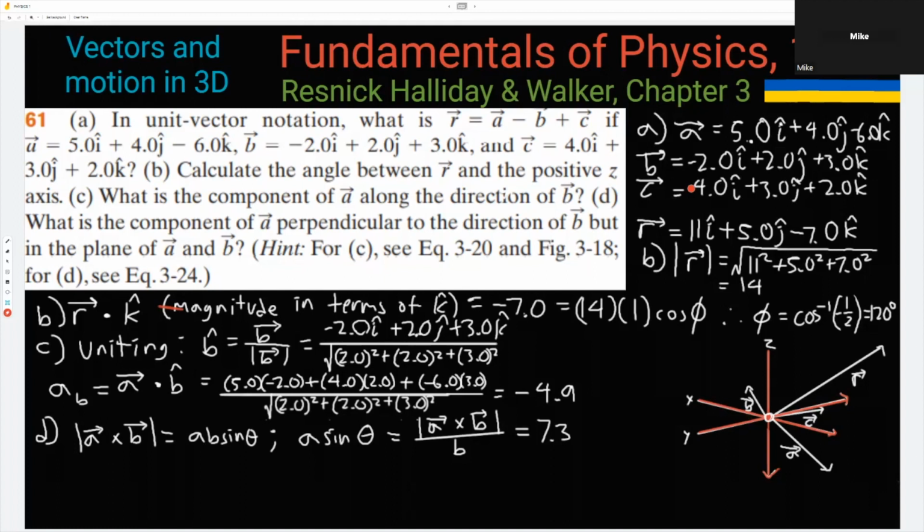So yung component of A in the direction of B. Opo. Tanong 'yon. Kasi hindi siya nandito. Ibang tanong 'yan. So what component of A parallel to B? Yun nga po, ginawa ko po yung B, ginawa ko po siyang unit vector.